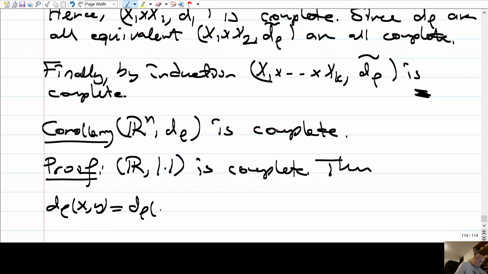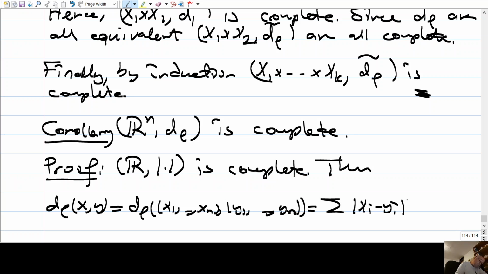So the row, let's say x1 up to xn, y1 up to yn, is just the summation of xi minus yi to the power row, i from 1 to n, and then 1 over row to the power, right?